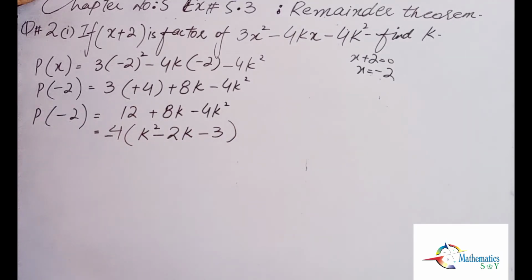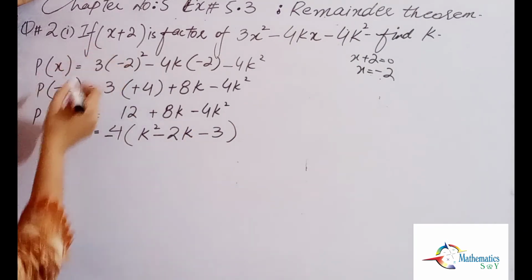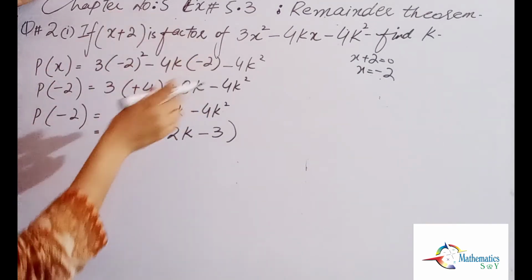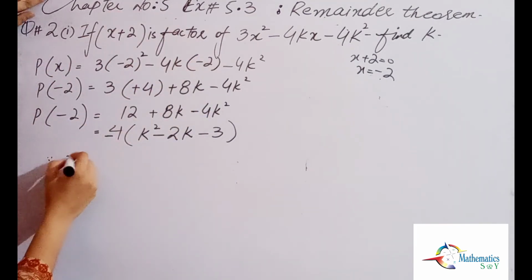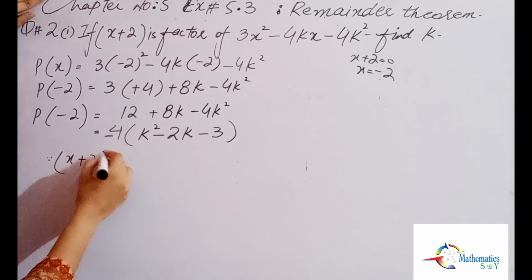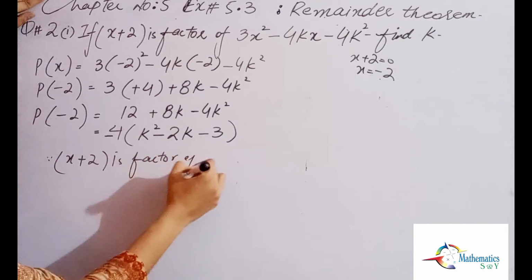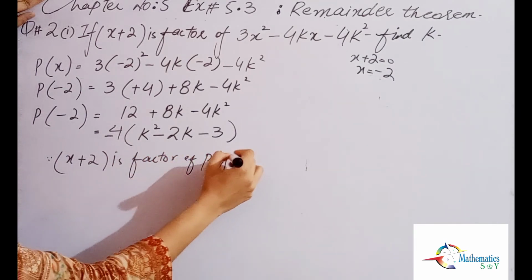Okay, you can see that this is the equation now, because in the question it is given that x plus 2 is a factor of the polynomial.